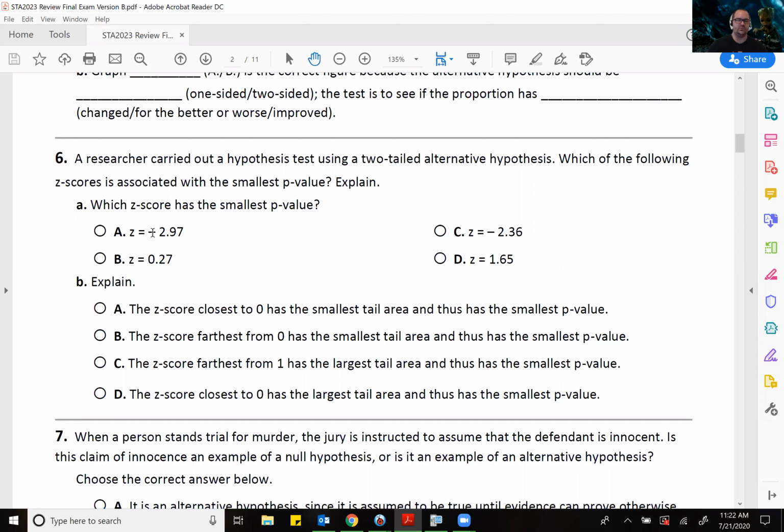And so we've got 2.97, 2.63 or 36, 1.65, and 0.27. So which of these numbers is furthest away from the mean? This guy. So A is our largest z-score that will have the smallest p-value. Okay?